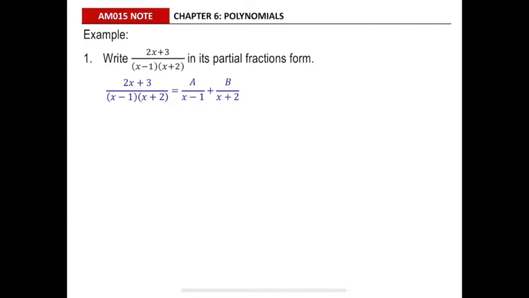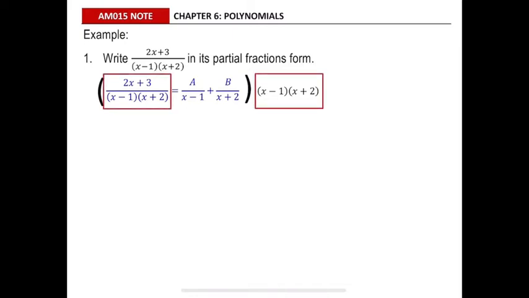So what we are going to do now is to multiply the whole equation with (x minus 1)(x plus 2), which is the denominator of the fraction. We multiply with the fraction on the left side first. The denominator is cancelled, which leaves only 2x plus 3 on the left side.